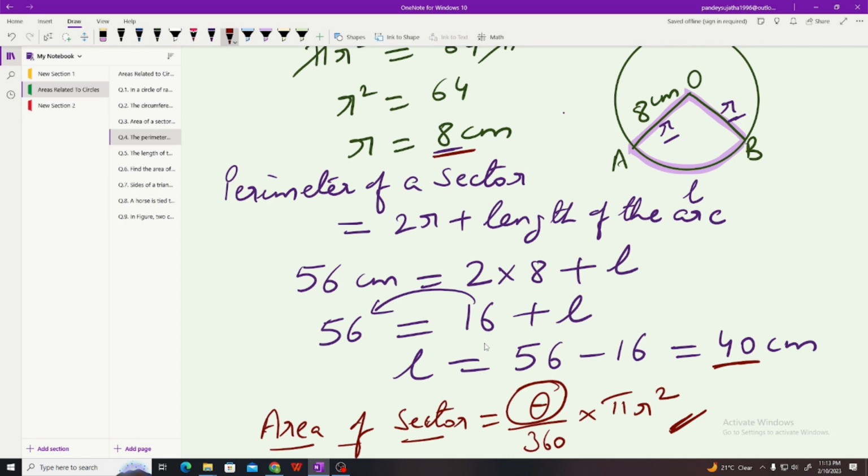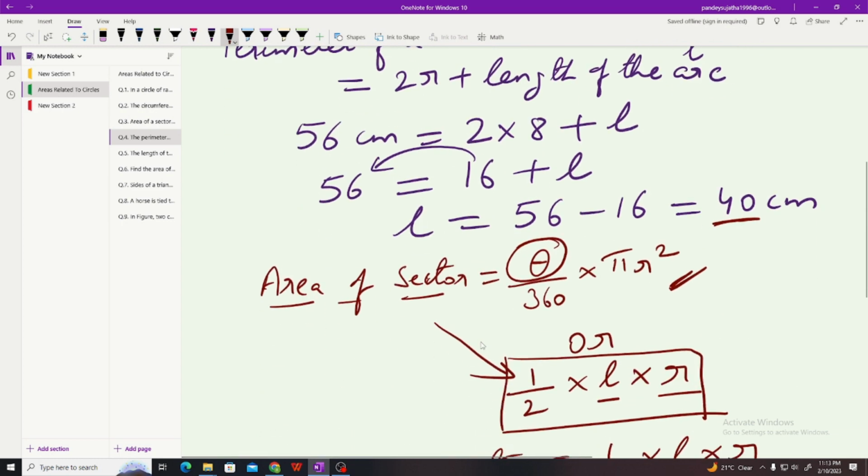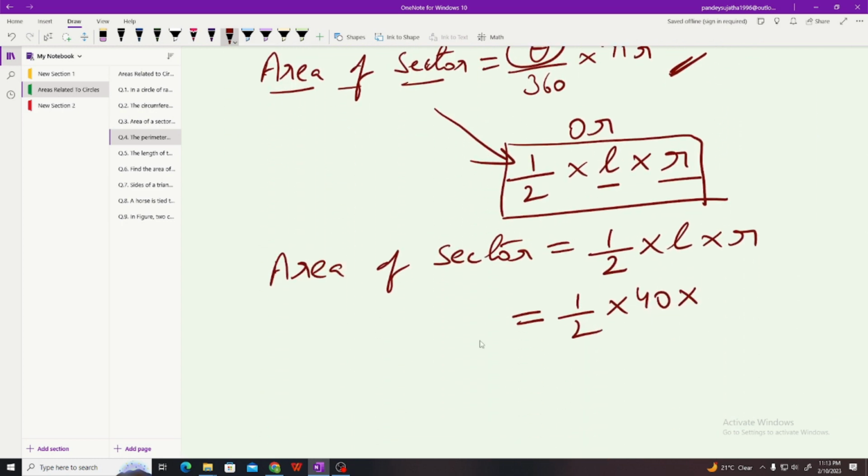Just see, we got the radius as 8 centimeter. So put our radius as 8. Cancel. So 40 into 4 is 160 centimeter square. So we got the area of sector as 160 centimeter square. Let's move to the next question.